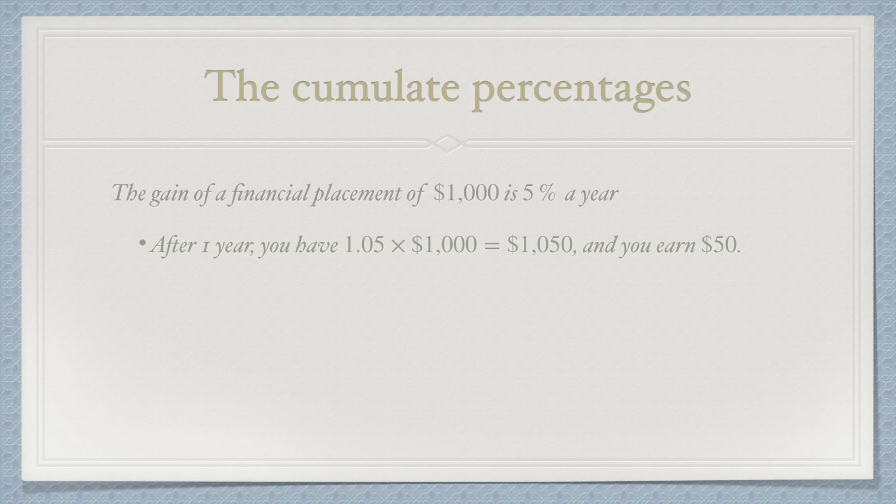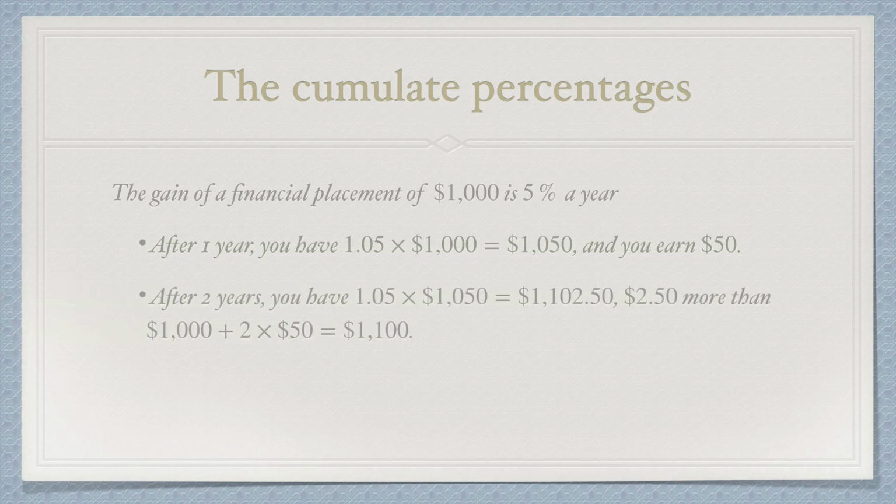After 1 year, you have 1 plus 5%, that is 1.05, multiplied by $1,000, that is $1,050, and you earn $50.